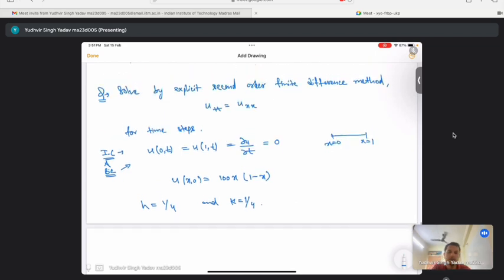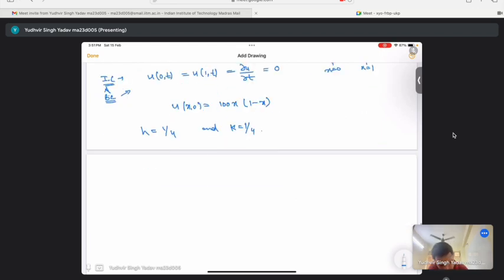So this is the question that we have to solve using again the same hyperbolic partial differential equation that we have to solve numerically. So again, we will first note down all the information that we can get from the question itself. Since r is kk by h, r will be 1/4 times 1/4, it will be 1. Value of r is 1.